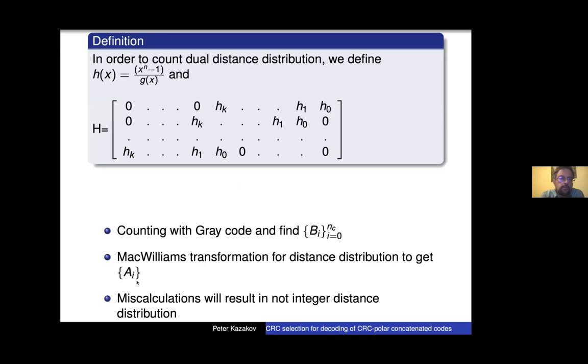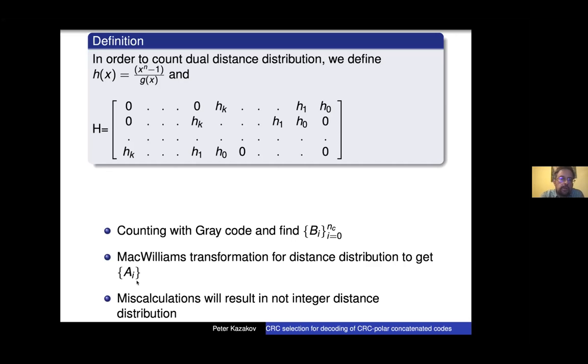So to count the distance distribution, we have to make all the combinations to the power p of these rows, and for each combination we have to count the weight of this vector, how many elements with ones we have in this vector.